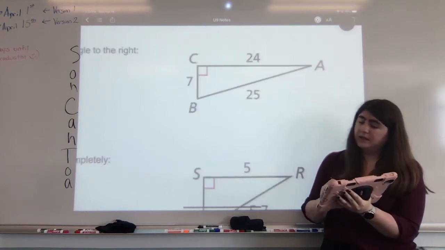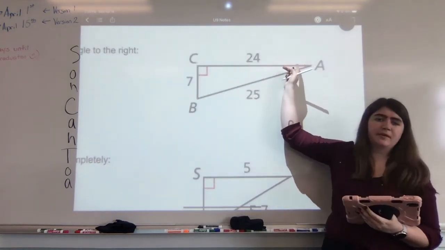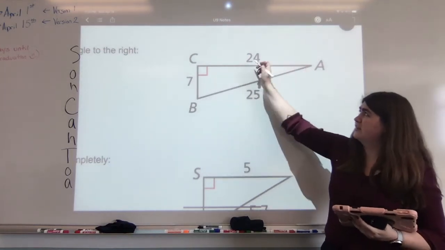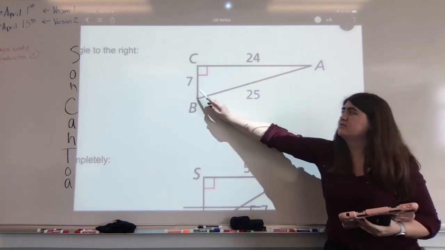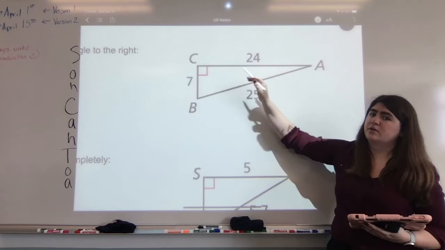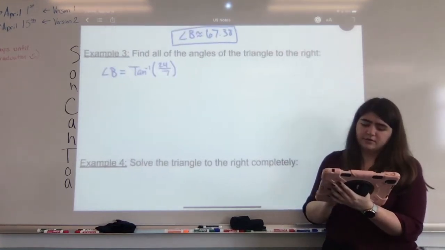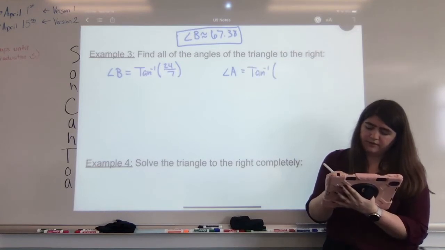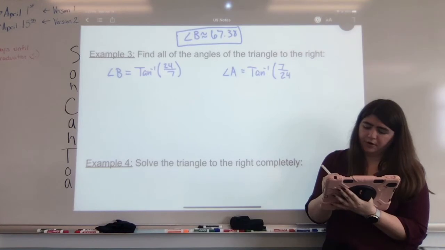The other angle we need to solve for is angle A. If I'm using tangent again, we're opposite over adjacent, 7 over 24. 7 being opposite, 24 being adjacent, which is not the hypotenuse. So angle A is equal to the inverse tangent of 7 over 24.